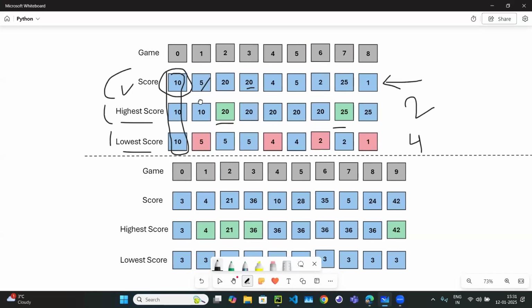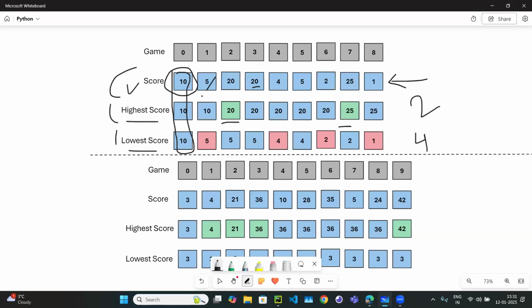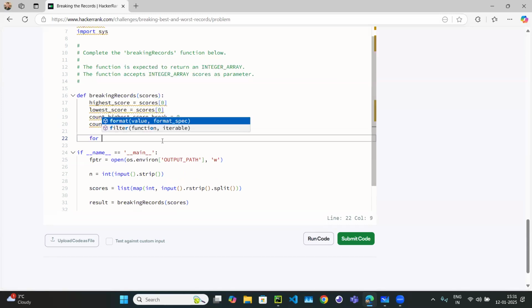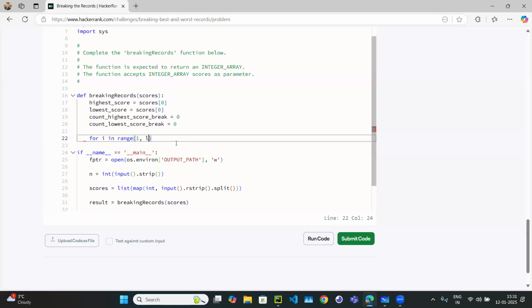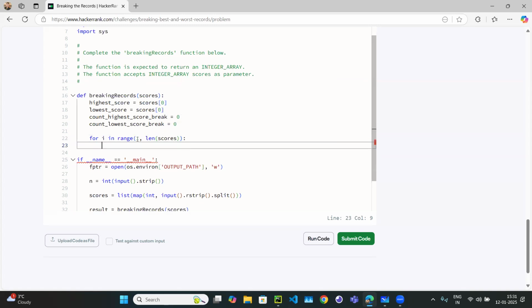Now we need to start from this point, and compare with the previous highest and previous lowest. So we will start from i in range of 1. We are going to start from 1, not from 0, because we are going to compare the next game with the previous games. All right, so 1 to length of scores.